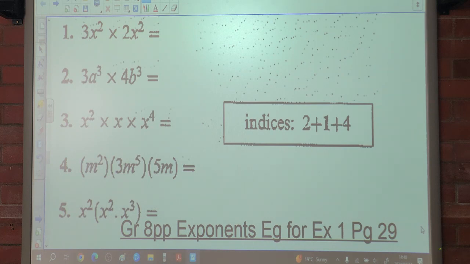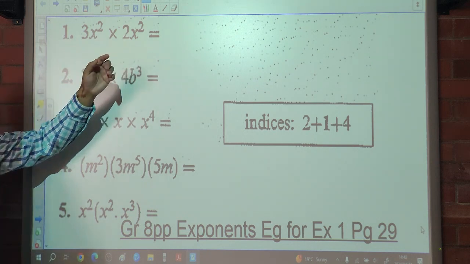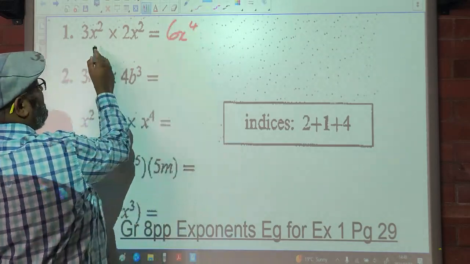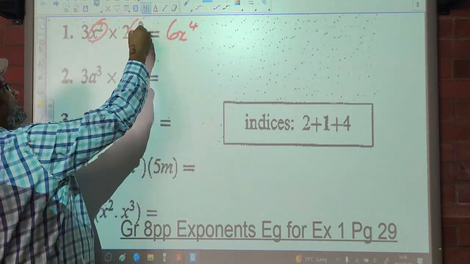In front of you. Yes. 2x squared times 3x squared. 5x to the power 4. What's 2 times 3? Oh, 6. 6x to the 4. You're multiplying with the same base, so you add the exponent.